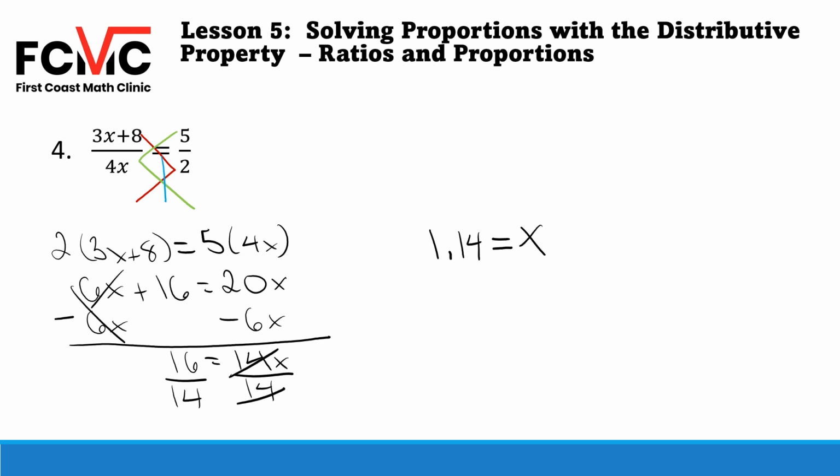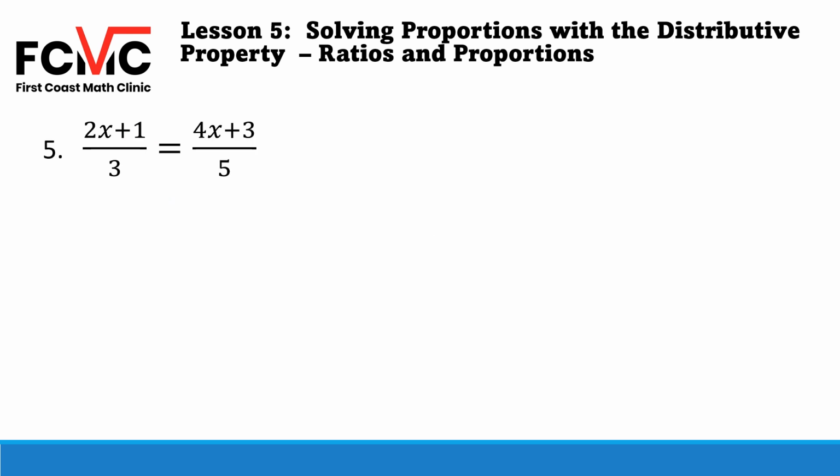Let's move on to one more example, example number 5. So for example number 5, we've got two binomials in our numerator. 2x plus 1 over 3 equals 4x plus 3 over 5. So let's cross multiply. 2x plus 1 times 5.